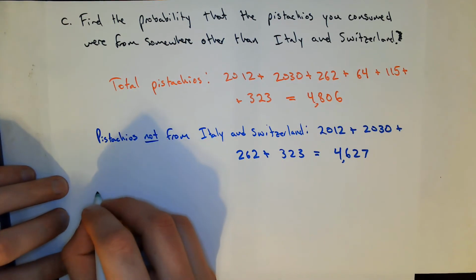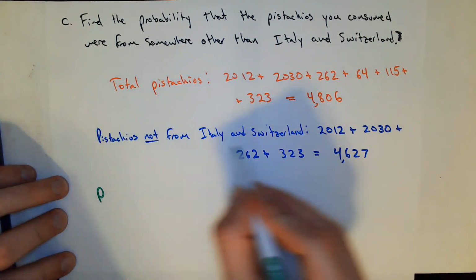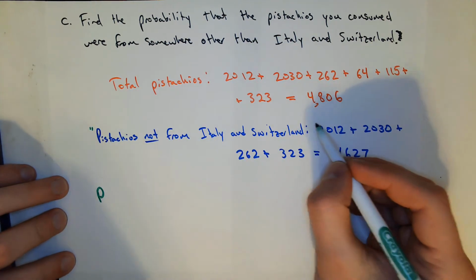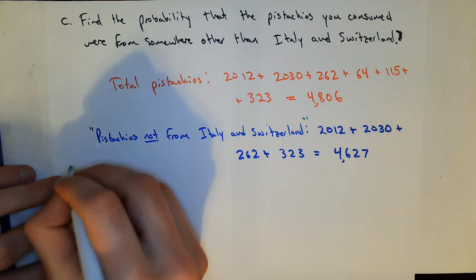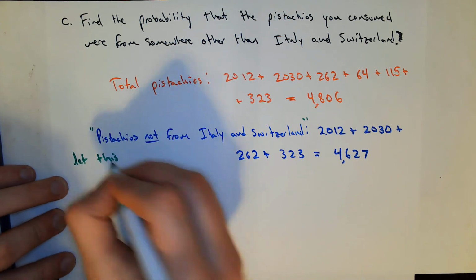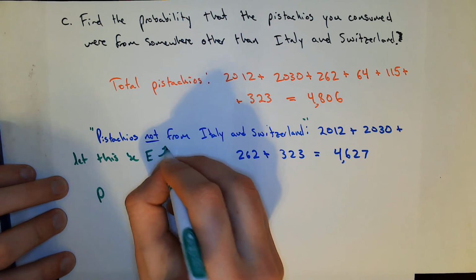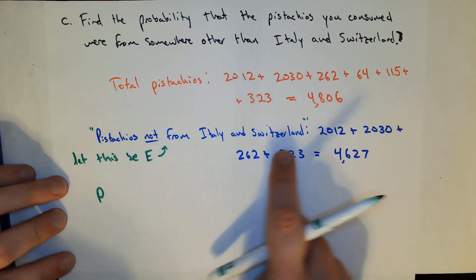So you know what? Let this be called E, this event, so I don't have to rewrite it. Let this be E, just to save myself from writing it all over again. So it's not that the number is E, right?